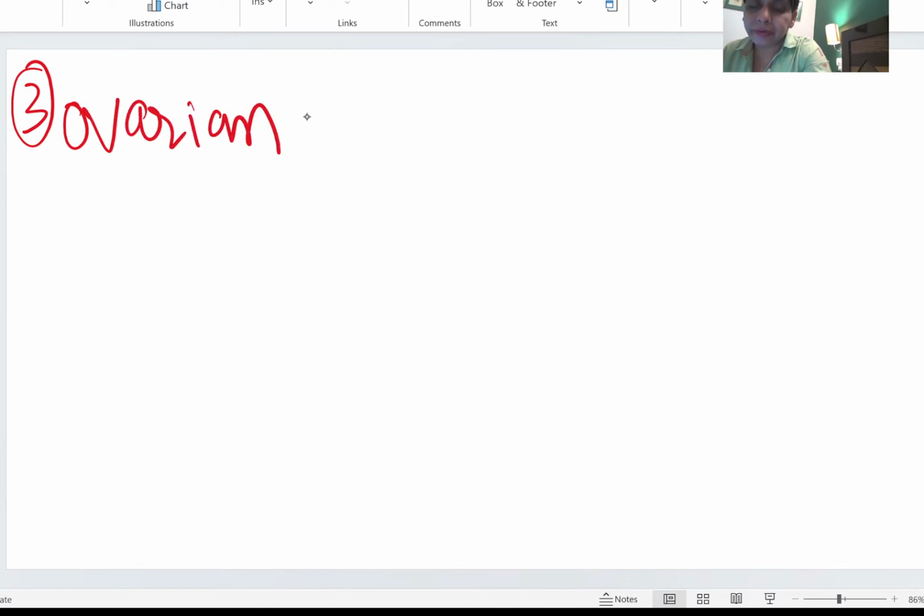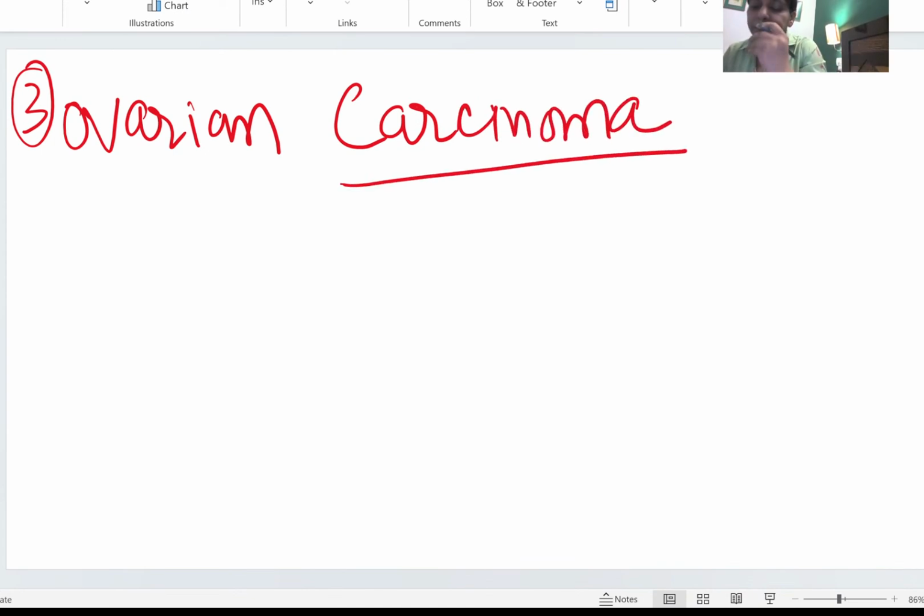Carcinoma means that it is cancerous. Otherwise, it would have been cyst, complex cyst.